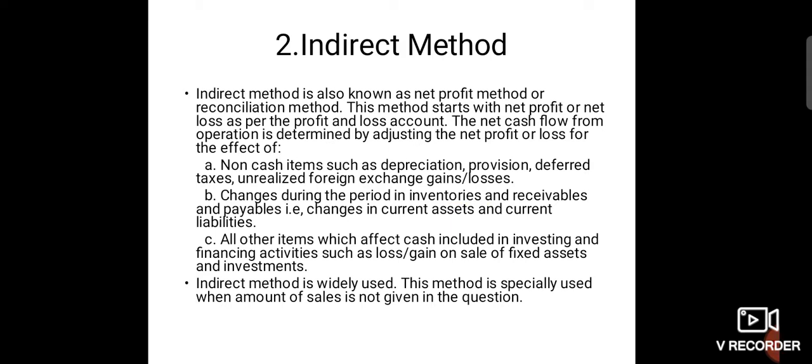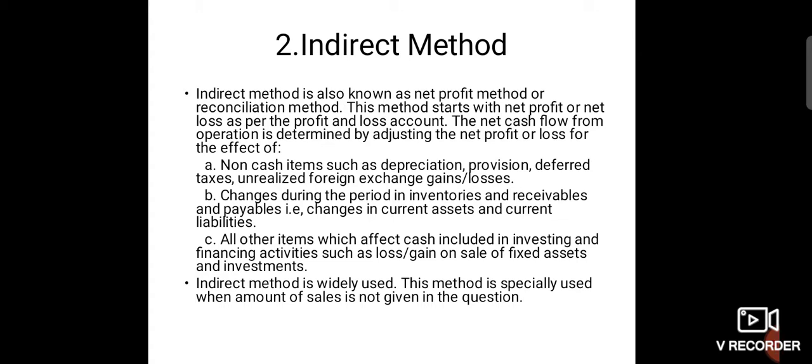Why do we adjust depreciation, provision, changes in inventories or loss on sale of fixed asset? While preparing the P&L account, we have recorded all these. Depreciation we have recorded, loss on sale of fixed asset we have recorded, isn't it? But depreciation is a non-cash expense.